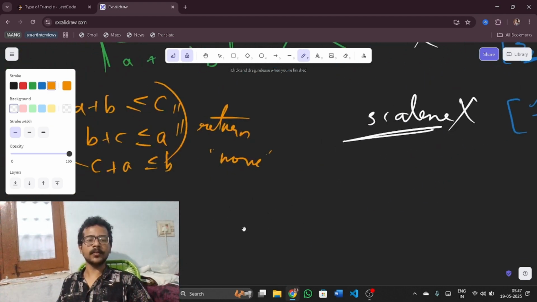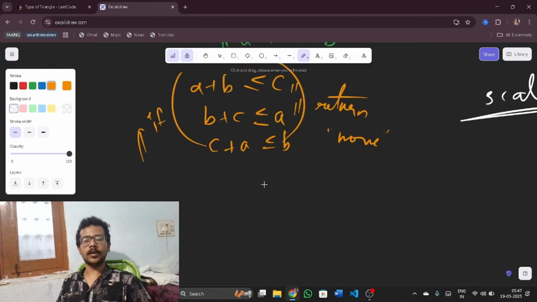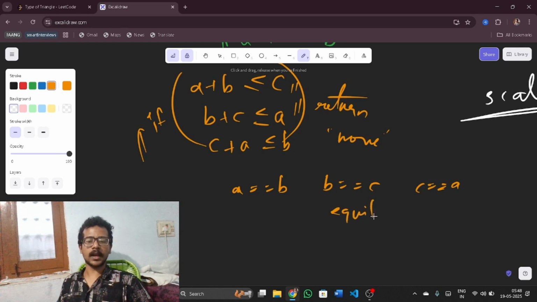I think for now you got the intuition. If three sides are equal, that is A equals B, B equals C, C equals A, then we would return equilateral.